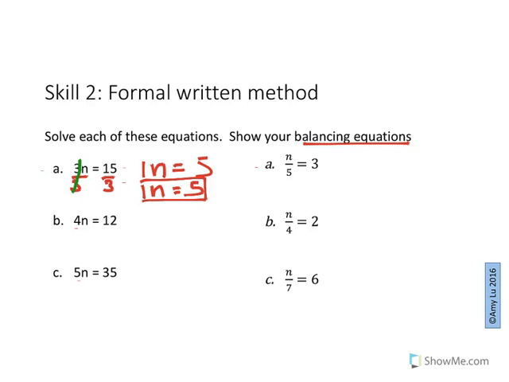Now, when it comes to division, since this is some number divided by 5 makes 3, instead of dividing, we have to do its opposite. We have to multiply. So to inverse this, I'm going to go n divided by 5 equals 3.